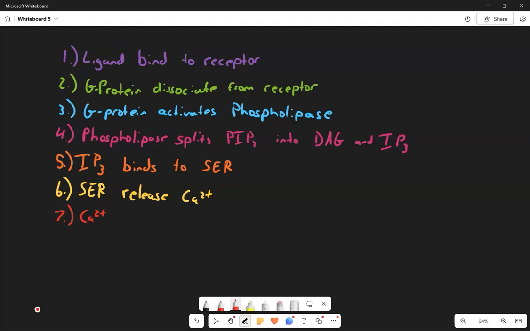And calcium can activate muscle contraction or activate calmodulin.